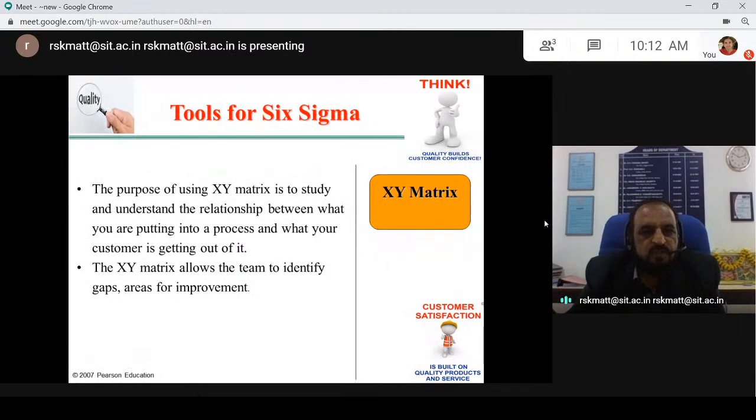Then the XY matrix. The purpose of using the XY matrix is to study and understand the relationship between what you are putting into the process and what your customers are getting out of it.